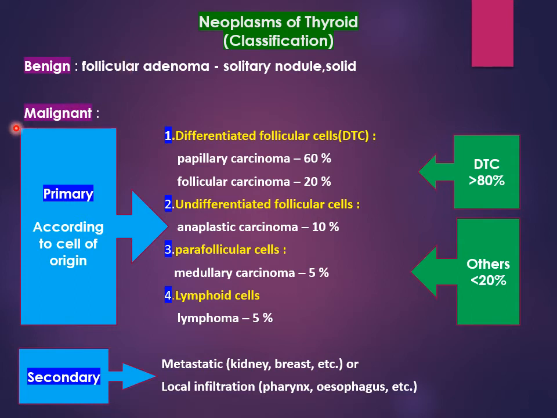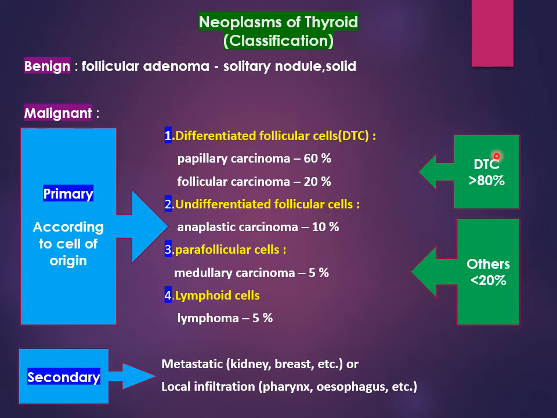The second group is the malignant group, and these can be either primary or secondary. The primary malignant thyroid tumors can be classified according to the cell of origin. First are the differentiated follicular cells, DTC. These are the papillary and follicular carcinoma. Papillary carcinoma accounts for 60% and follicular 20%.